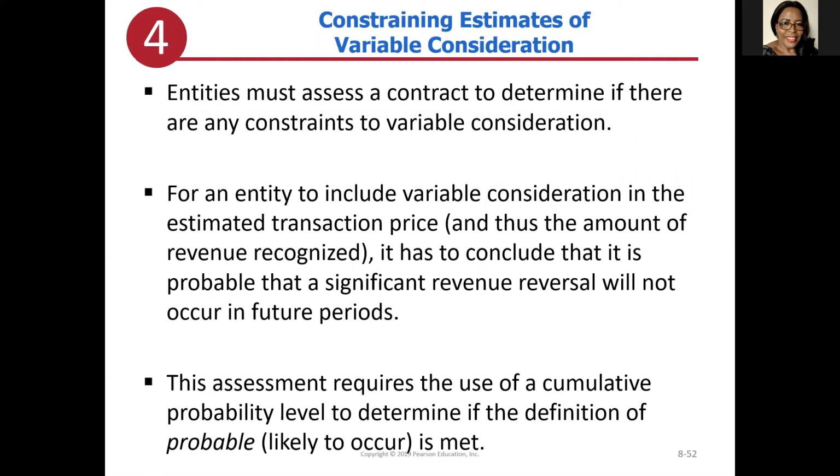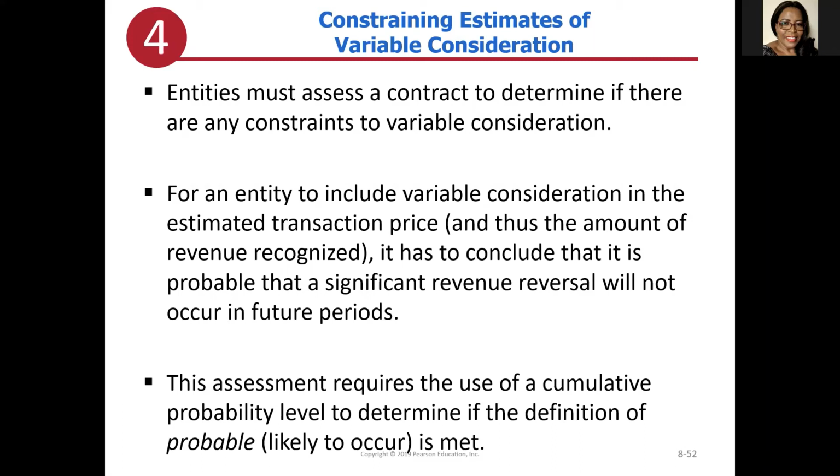This assessment requires the use of a cumulative probability level to determine if the definition of probable, or likely to occur, is met. So probable is generally interpreted as 70 to 75%.